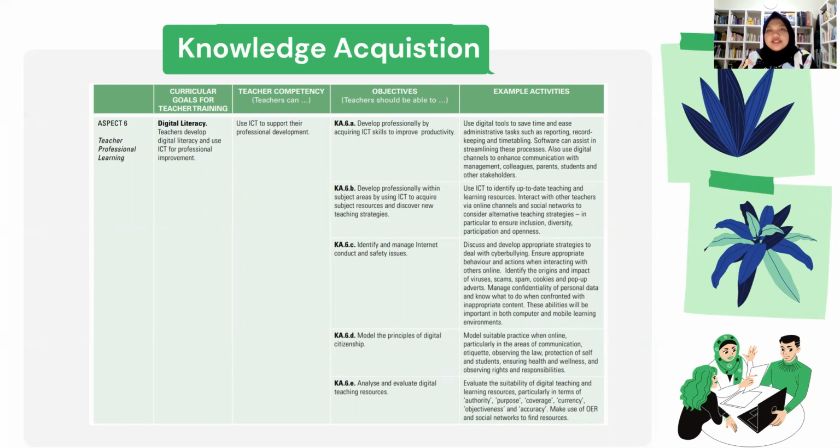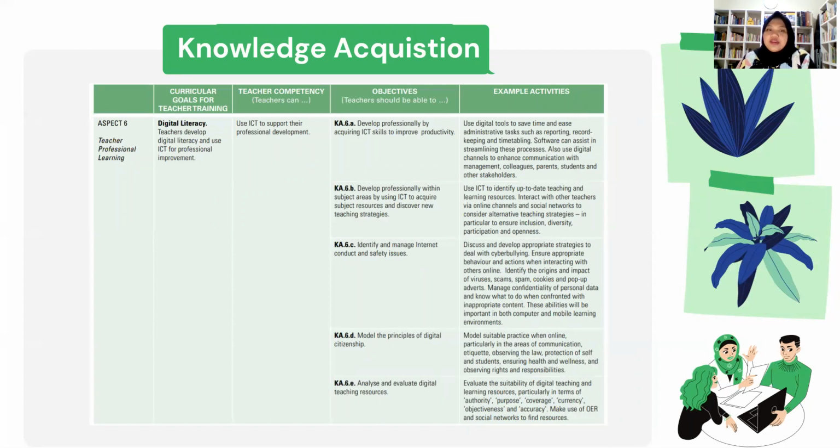The suitable activity is to model suitable practice when online, particularly in the areas of communication, etiquette, observing the law, protection of self and students, ensuring health and wellness, and observing rights and responsibilities.